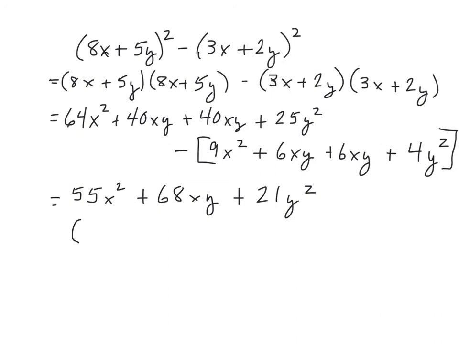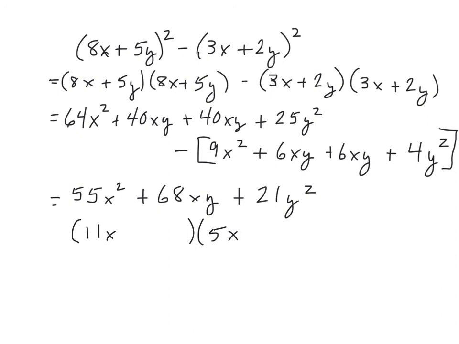So we would come down to the next step, and 11x times 5x is one way to break up 55x squared, and 3y times 7y is one way to break up 21y squared.